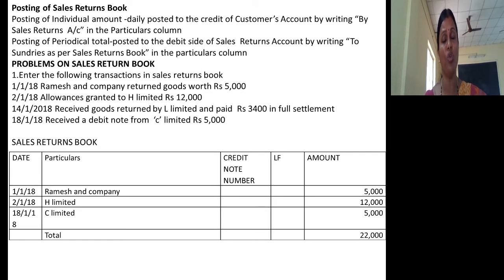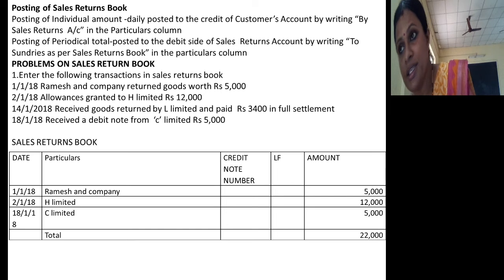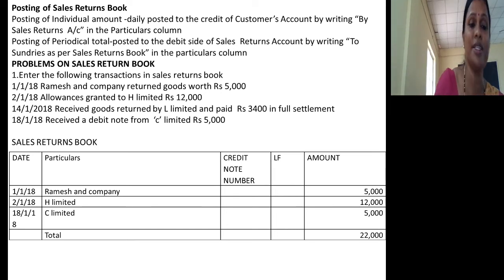So how to post entries from sales return book to concerned ledger account? We know that from sales return book we should post entries to individual customers account and sales return account. Whenever you sell goods on credit basis, journal entry is customers account debtor to sales account. Whenever goods were returned by customers, then what is the journal entry?